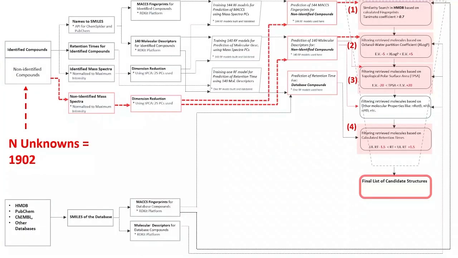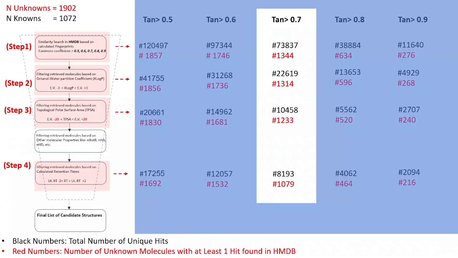And finally, we did it for all of those 2,000 unknown molecules. And with the Tanimoto coefficient of more than 0.7, we could conclude that for at least 1,000 of those 2,000 molecules, a little bit more than 1,000, we could find at least one molecule in HMDB which represents a candidate for that unknown molecule.